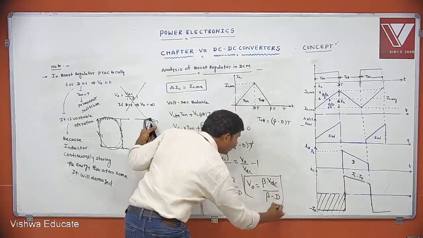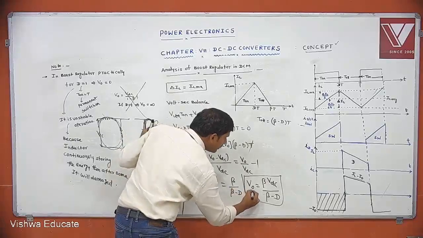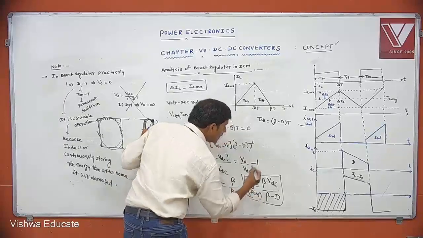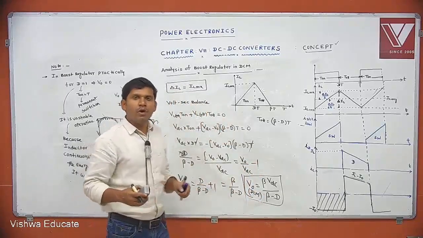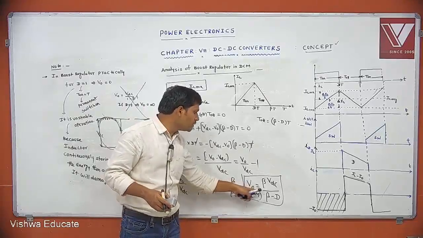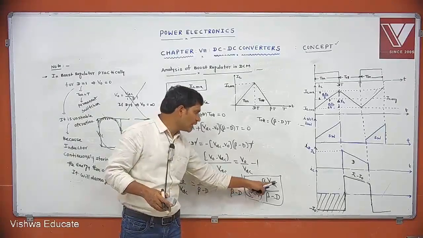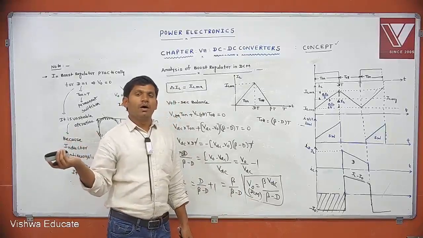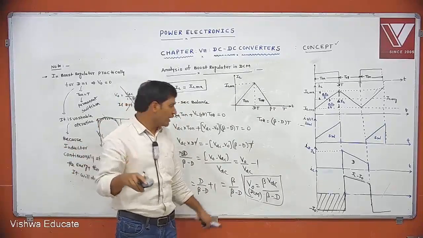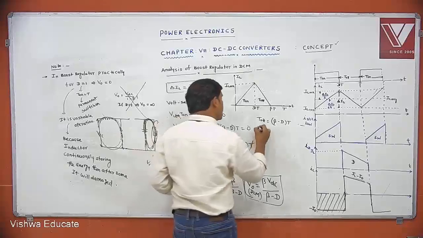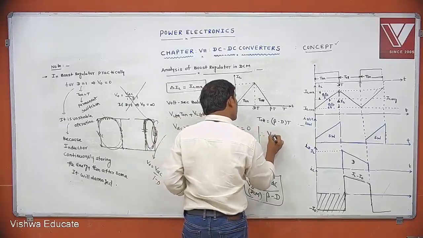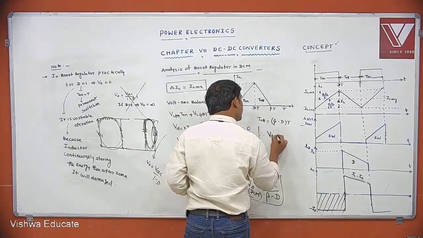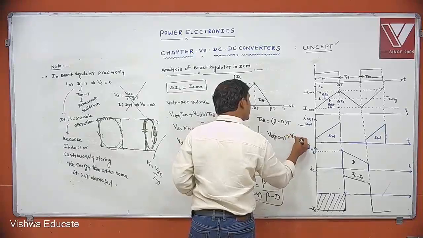This is the average output voltage in discontinuous mode. If you want to get the formula in continuous mode, you substitute beta equal to 1. You get VDC by 1 minus D, similar to that of the boost regulator in continuous mode. Therefore, you know this relation: V naught in discontinuous mode is always greater than V naught in continuous mode.